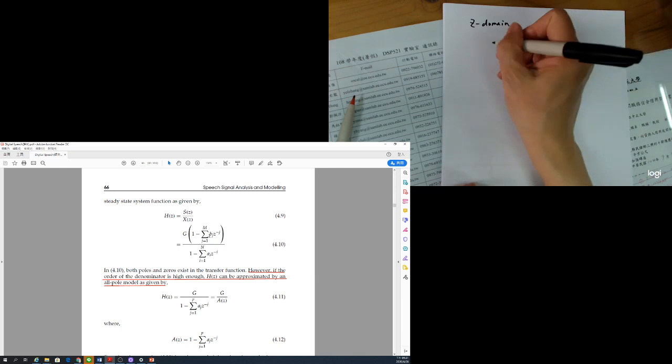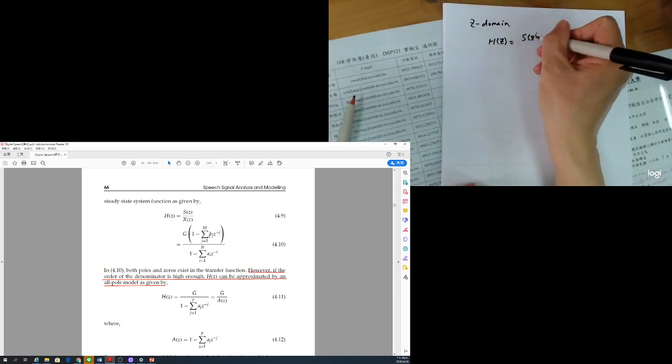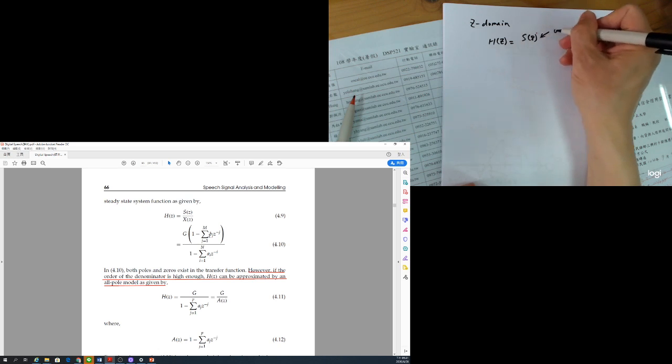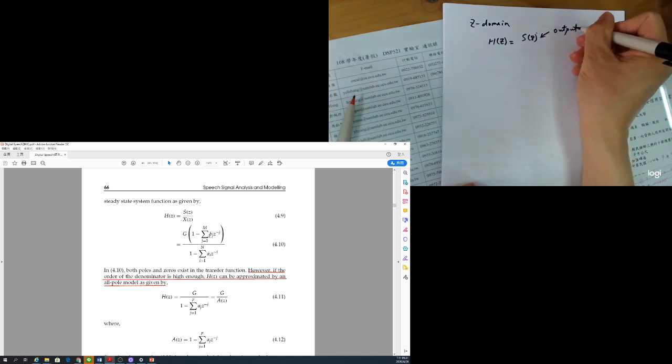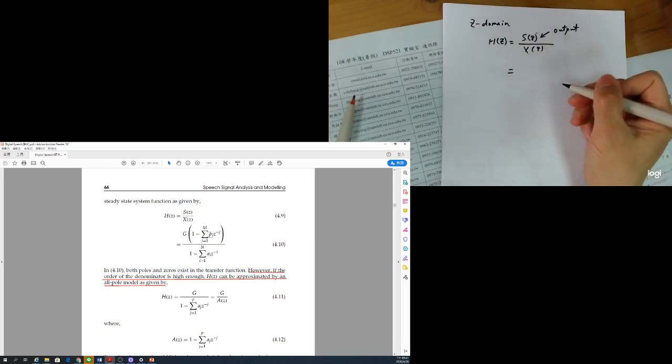So you can define your transfer function as the output over the input.